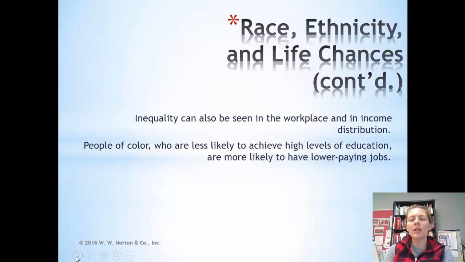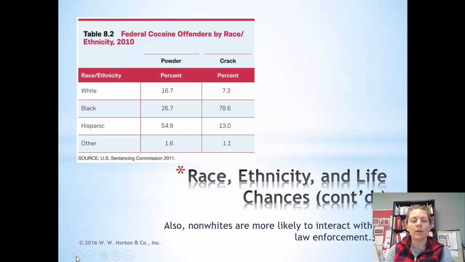So, some ways in which race impacts people. We see inequalities in our workplace and in our income distribution. People of color, so Blacks and Latinos, are less likely to achieve a high level of education, therefore having lower paying jobs. They're also more likely to interact with our law enforcement.